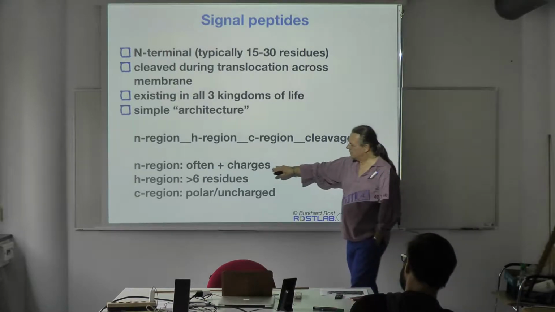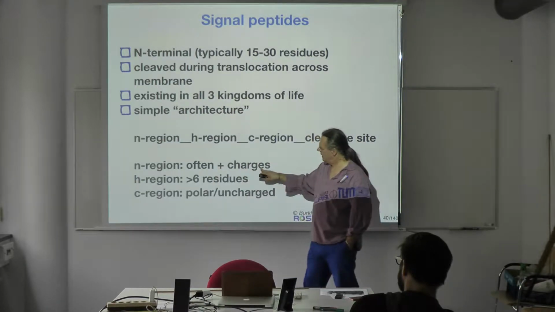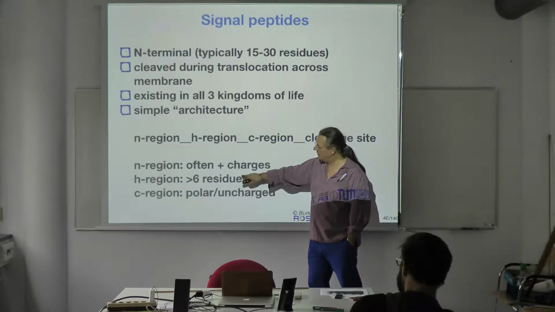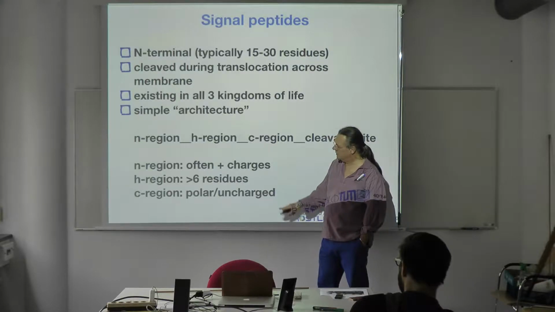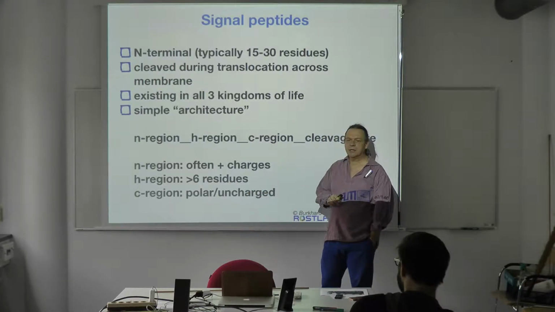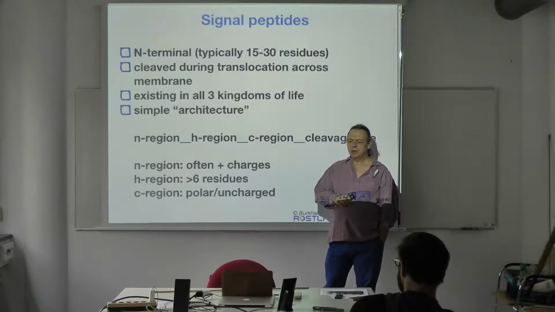And you see here, there are some characterizations. They have often charges. Here, the H region is at least 6 residues long. The C region is often polar and uncharged. So how could you capture that to derive a relatively simple prediction method?